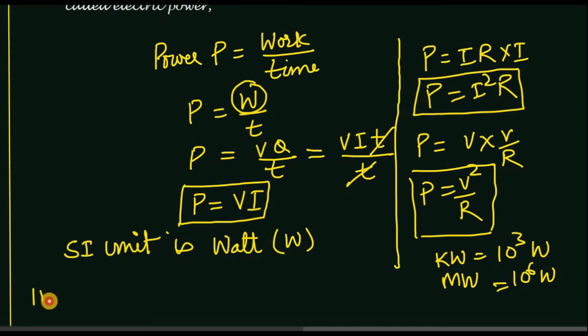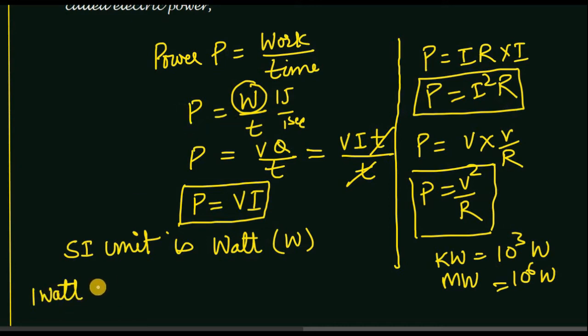So 1 watt equals 1 joule and time is 1 second, that time also you get the unit of power.